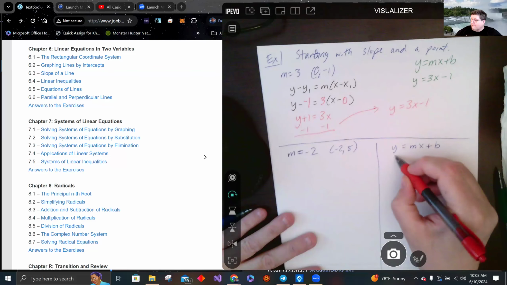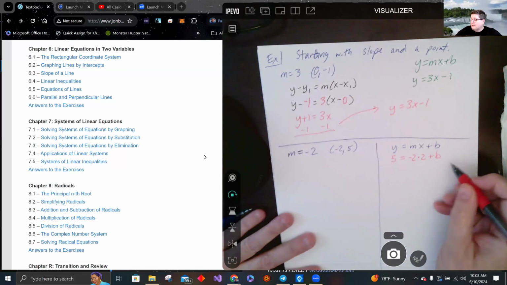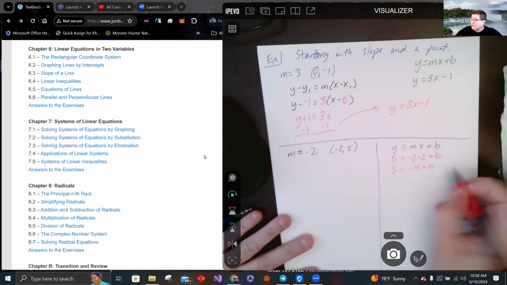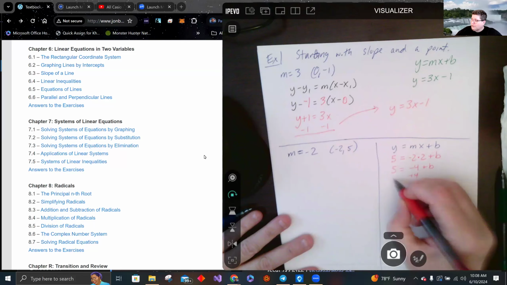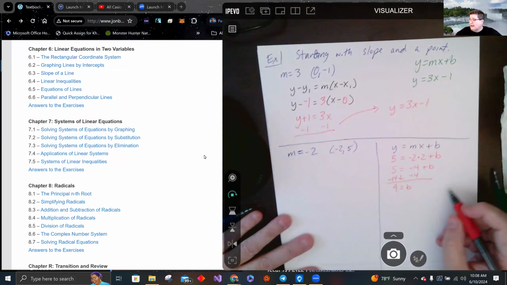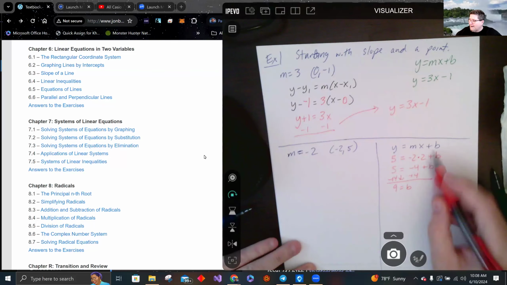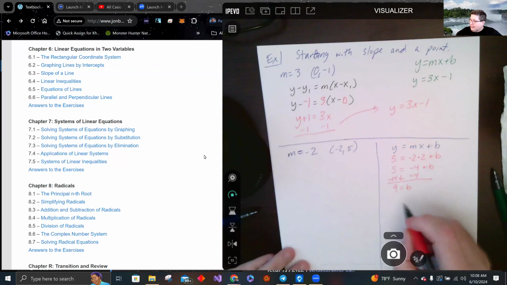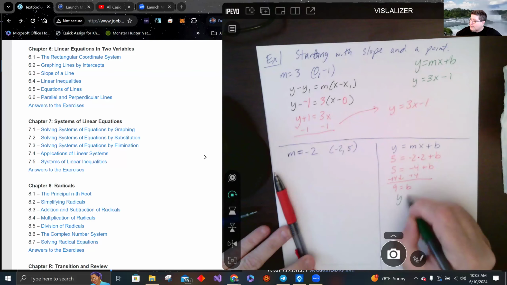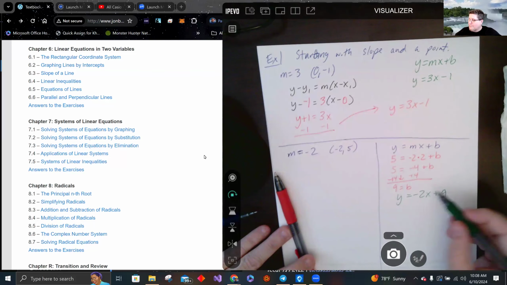So I'm going to plug those in. 5 equals -2 times 2 plus b. 5 equals -4 plus b. Add 4 to both sides. And I get 9 equals b. That's not the equation of the line, though. Now I have b and m, and I can plug them in, and I am going to get y equals -2x plus 9. Now that I have b and m.